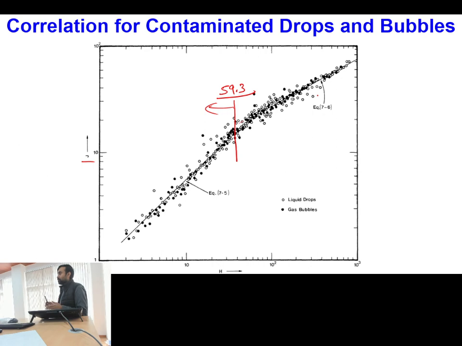But after 59.3, in the ellipsoidal shape there will be interface oscillations. Because of the interface oscillations, we experience an enhancement of drag and a decrease in the terminal velocity. So that is marked here by this transition limit.